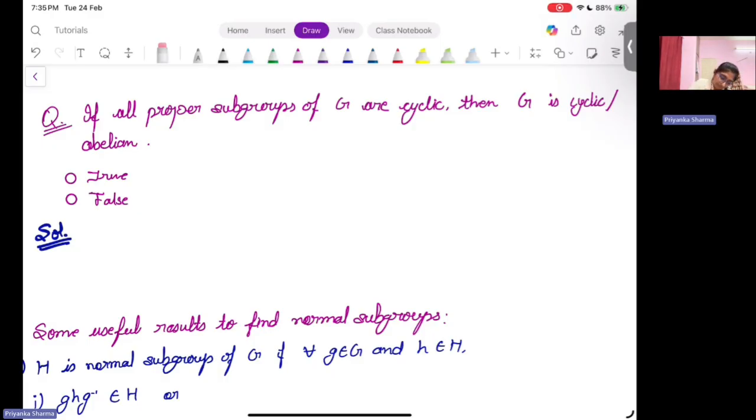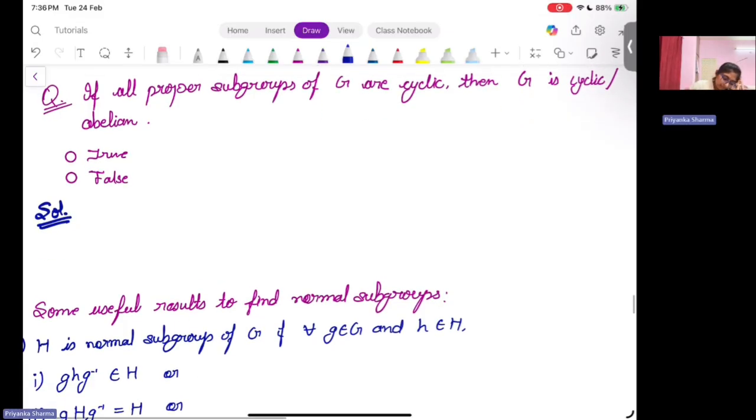Because whenever we have all subgroups of G, then obviously G is itself a subgroup of G. So if we say all subgroups of G are cyclic, this implies that G is cyclic. So there is no sense to formulate the statement actually. This is why we are using proper subgroup here. So the statement is, if all proper subgroups of G are cyclic, then is G cyclic or is G abelian?